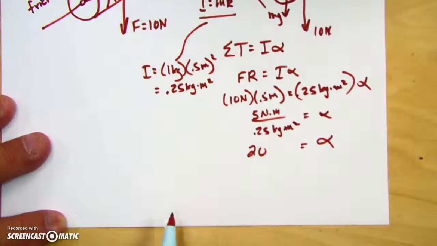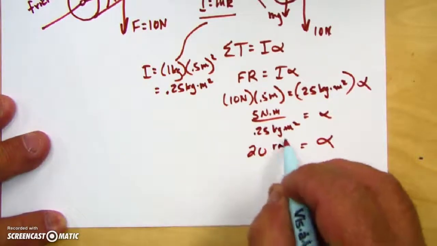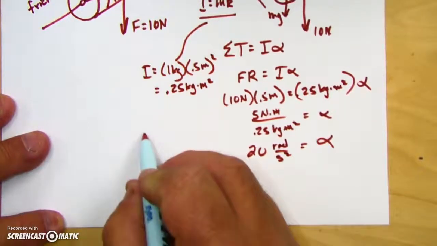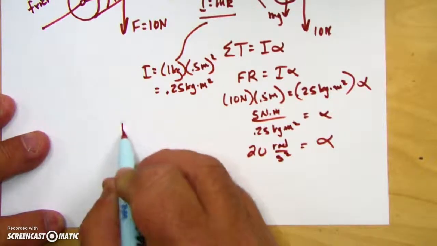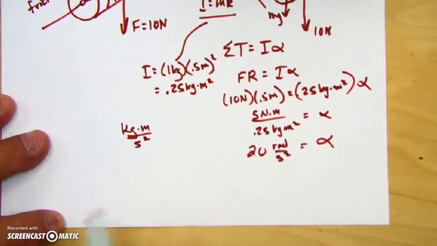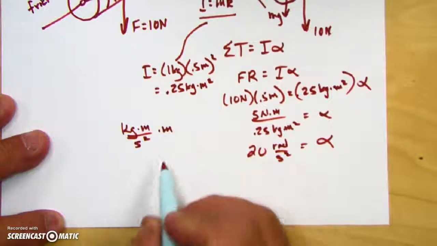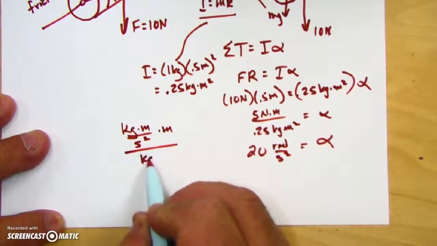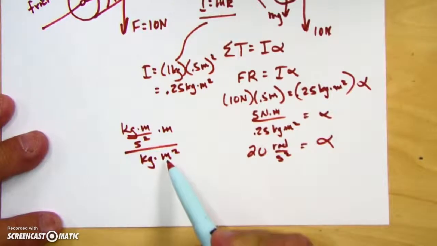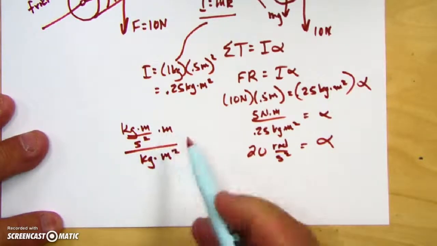Okay, but 20 what? I'm going to tell you what it is. It's radians per second squared, but let me show you why. I have a newton over here. Newton is a kilogram times meters divided by second squared. I'm multiplying that times meter. I'm dividing it by kilograms times meters squared. Well, the meter squared is going to cancel out both of those meters.